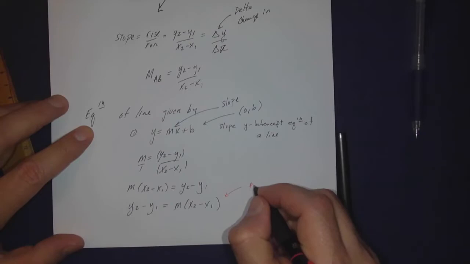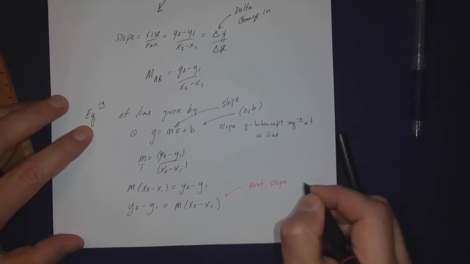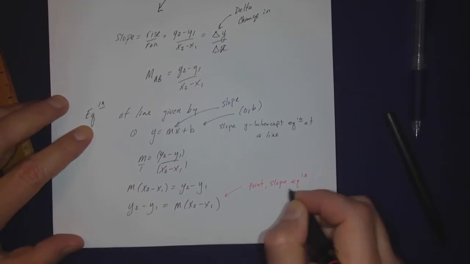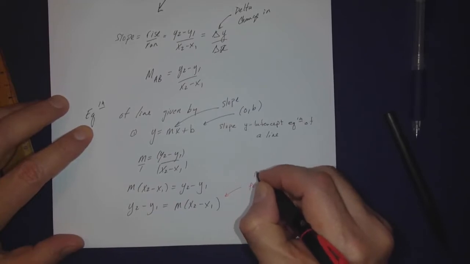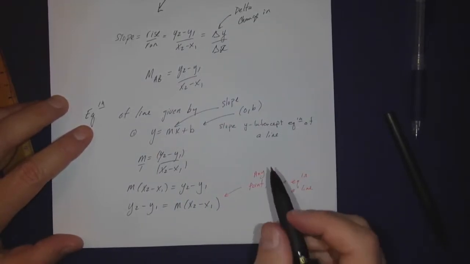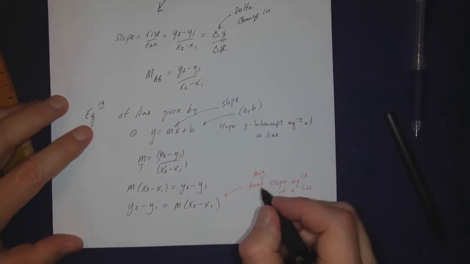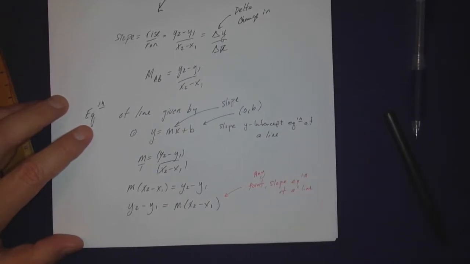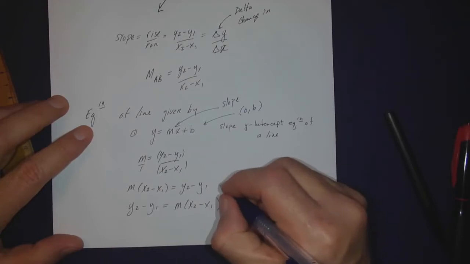the point slope equation of a line. Now, it really should be called any point slope equation of a line, because instead of insisting on us knowing the b-intercept, any point at all is going to be given. So we're going to know the values of x1 and y1.